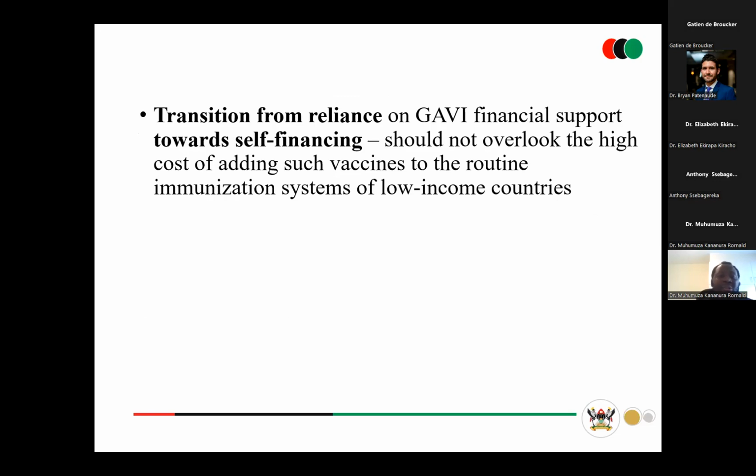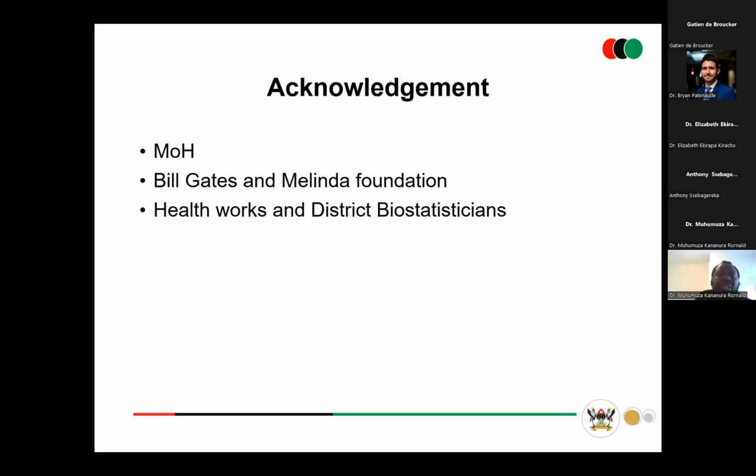As the government transitions from reliance on donor support to self-financing, we should not overlook the high costs at the initial stage, which in most cases scares the policymakers. But in the long run, investing in vaccination gives us promising returns on investment.